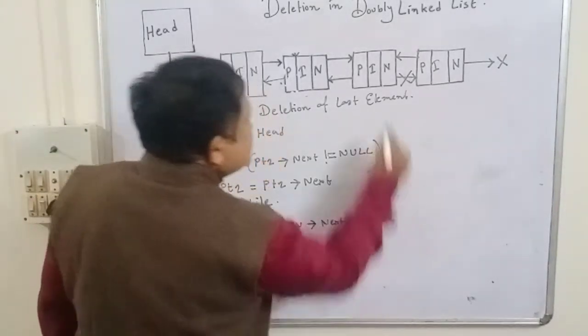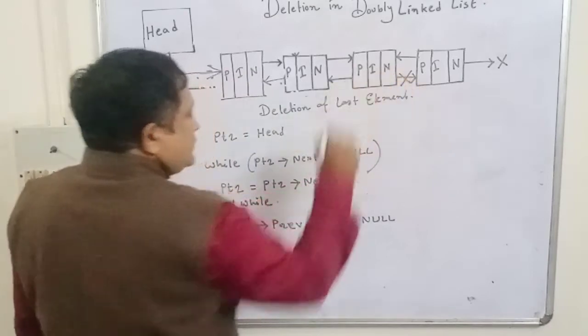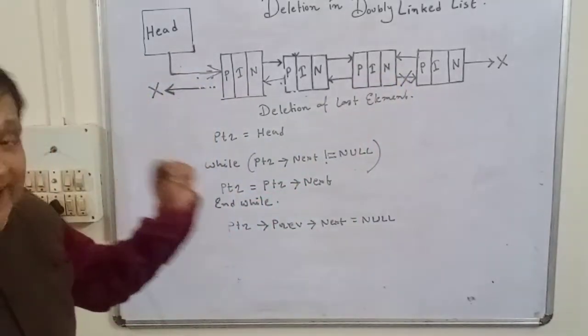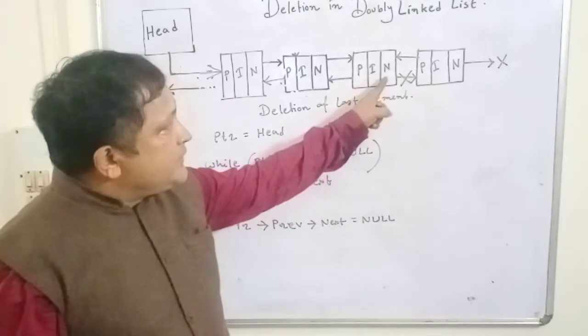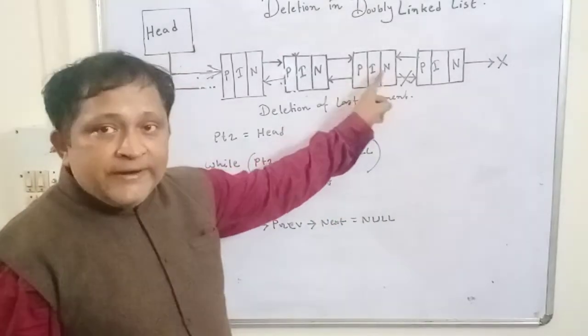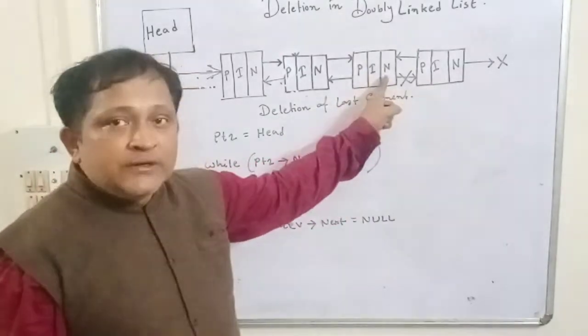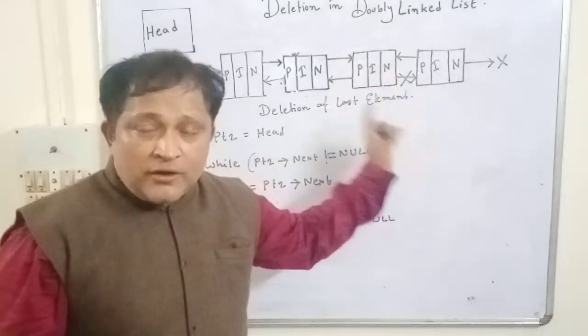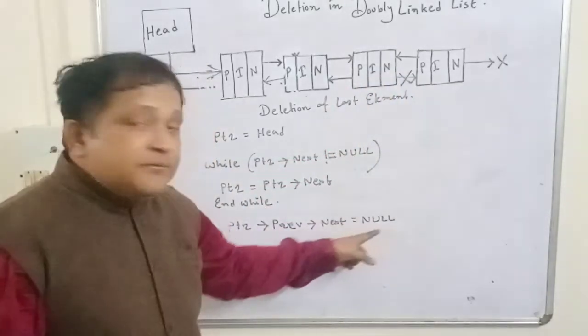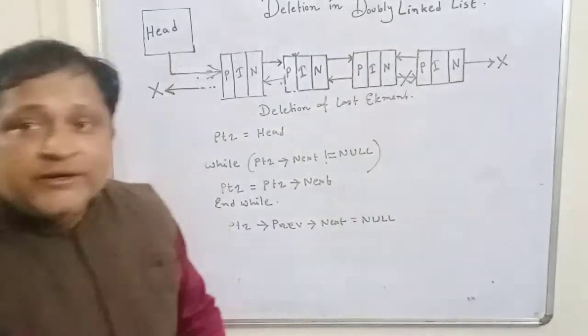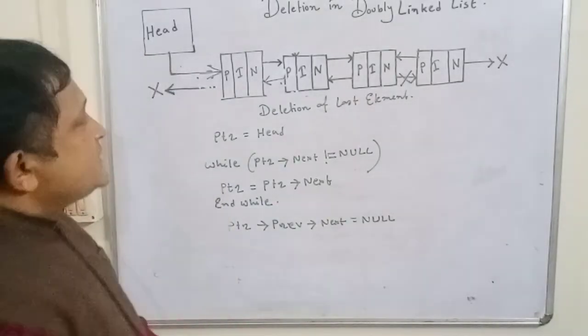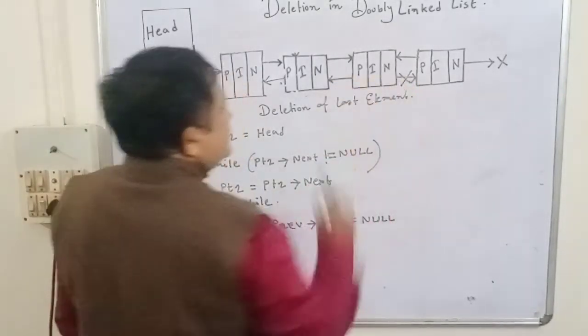This means the next pointer will be assigned by null. So next pointer will not point to any node. Next pointer will not carry any address of any node. So it will carry null address. So it will point to no node. So this connectivity will be removed.